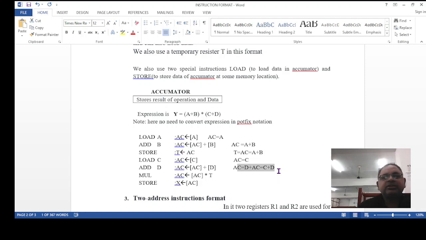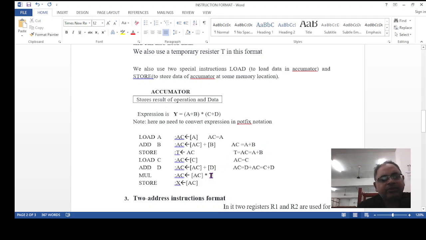Now you can understand that we have to multiply a plus b and c plus d. So the multiplication will happen between the t and ac, which is written here as mul, multiplication between the content of accumulator, which is c plus d, and content of t, which is a plus b.